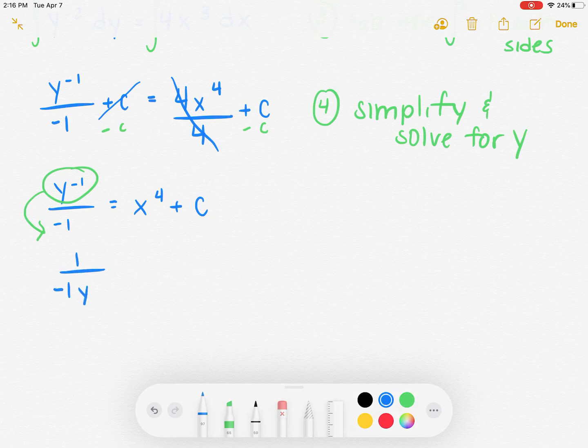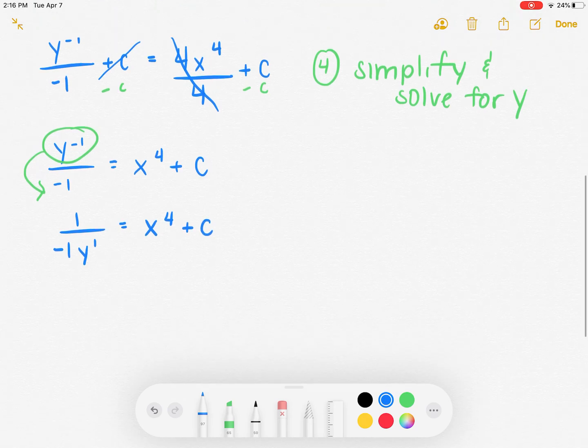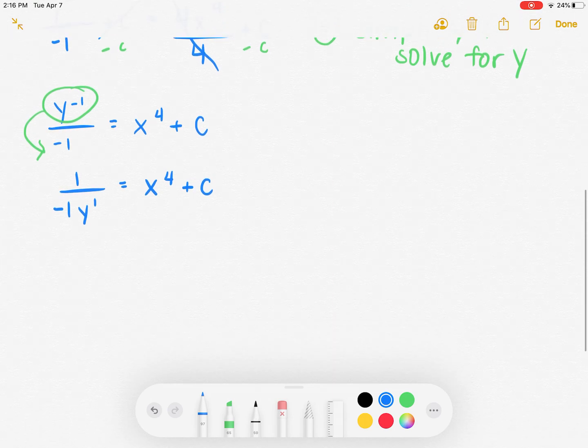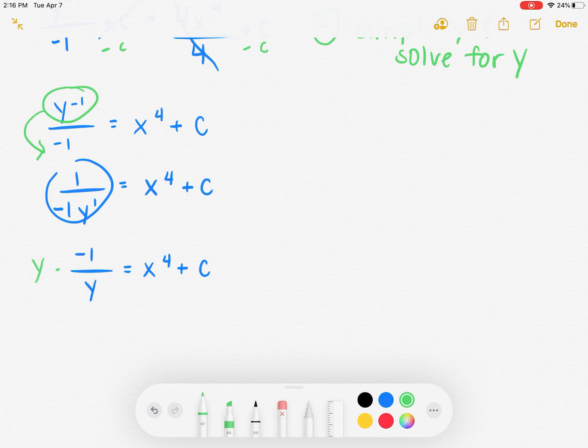So then I get negative 1 over y to the first power equals x to the 4th plus c. I also notice that I can rewrite this fraction as just negative 1 over y equals x to the 4th plus c.